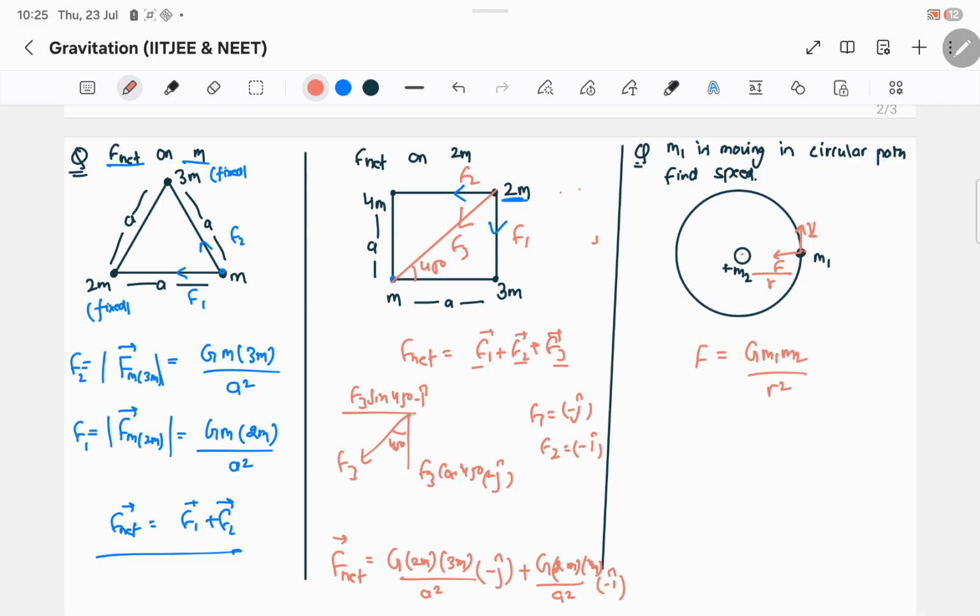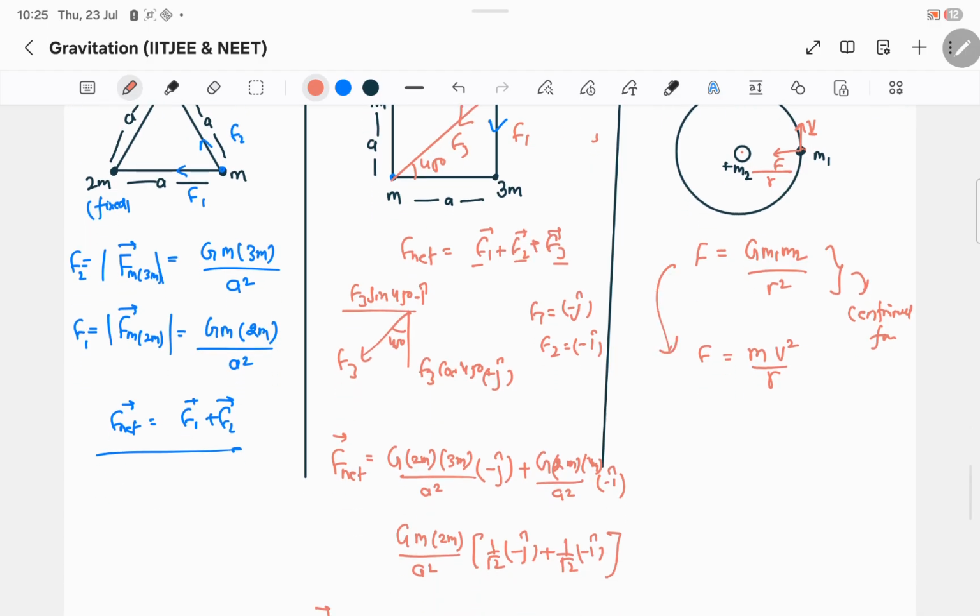Any particle doing circular motion should have a centripetal force. So here this gravitational force is giving the centripetal force, and you know centripetal force is mv square by r. Now you can equate these two.